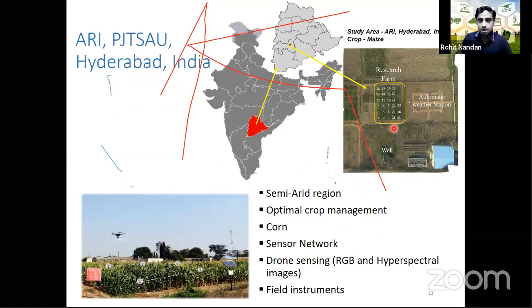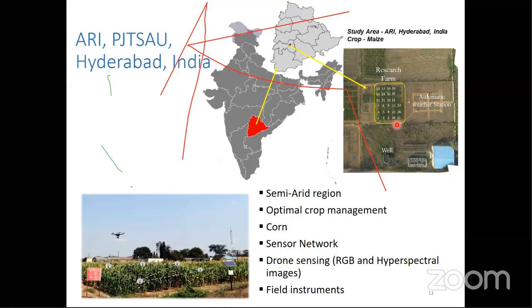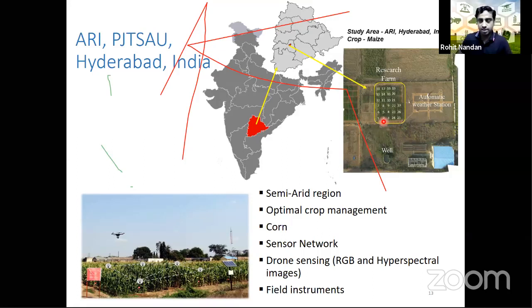So this is the farm which is located in the agriculture university. These are different plots which have different treatments. Here each number represents certain treatments. It is located in a semi-arid region in Hyderabad.